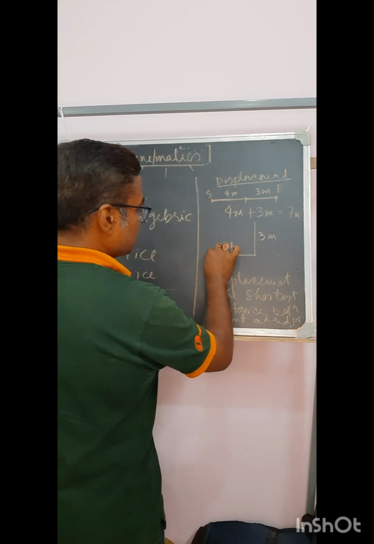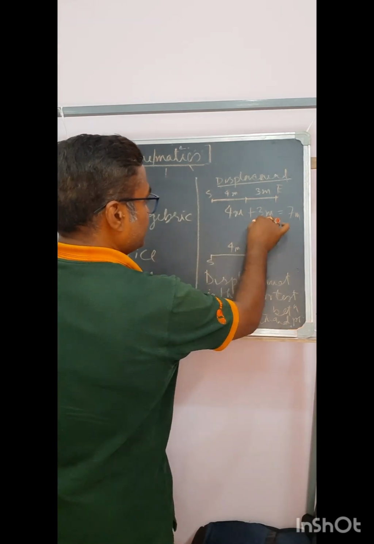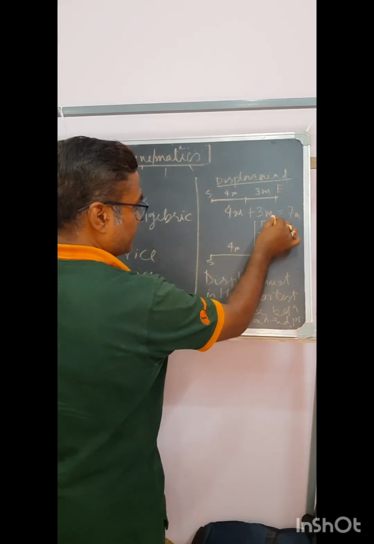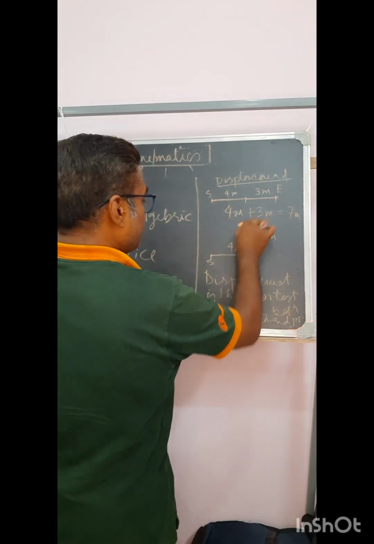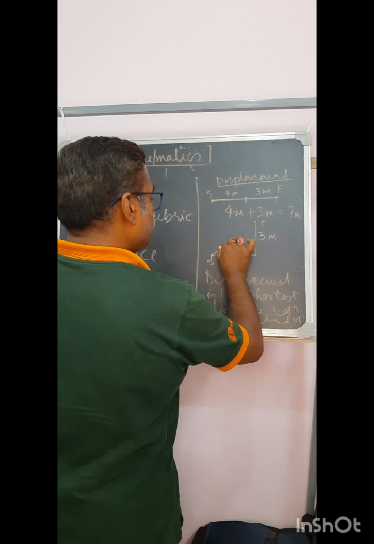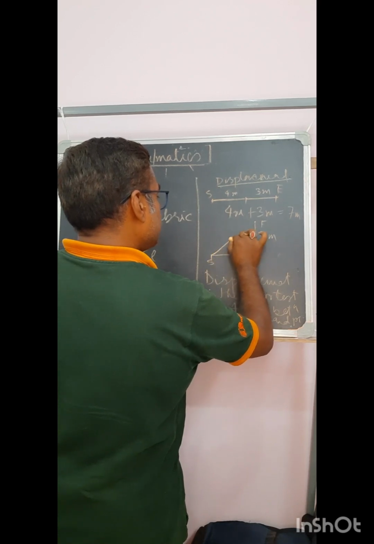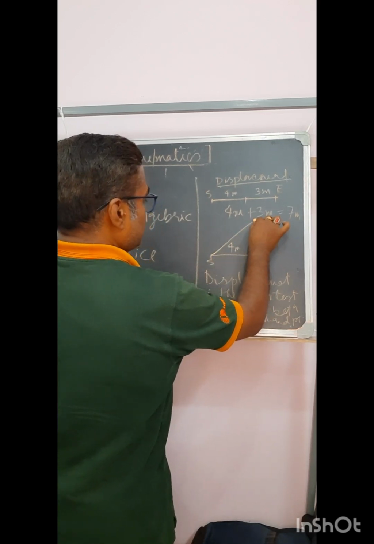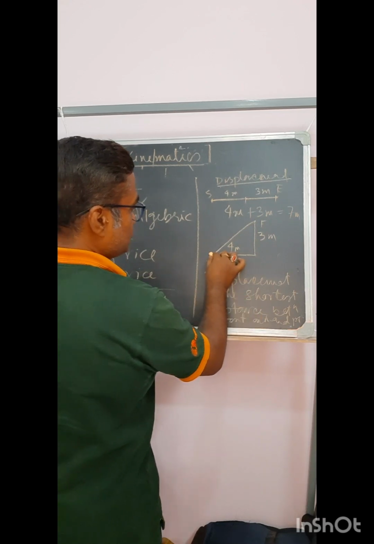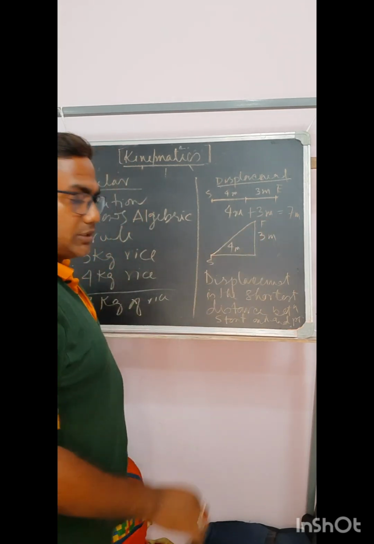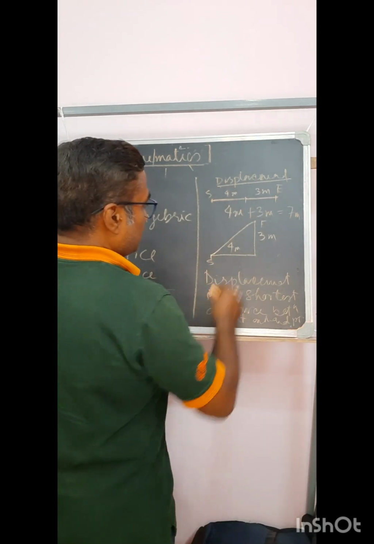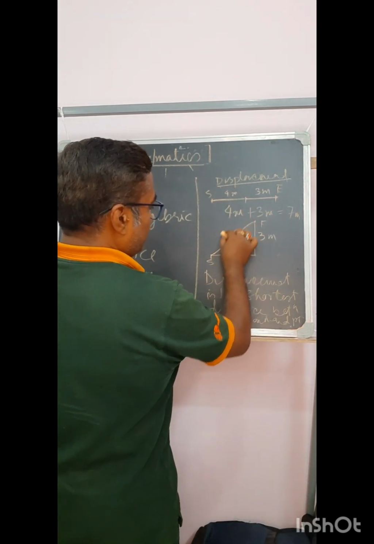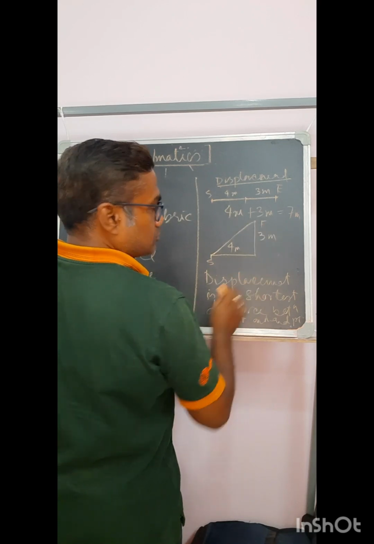So this ball has started from here, this is the starting point, this is the finishing point. If no further force is applied on it to move further, and this is the final point, then the distance will be shortest if I join the starting point terminal and the final terminal. Now this distance cannot be the same as this total together.